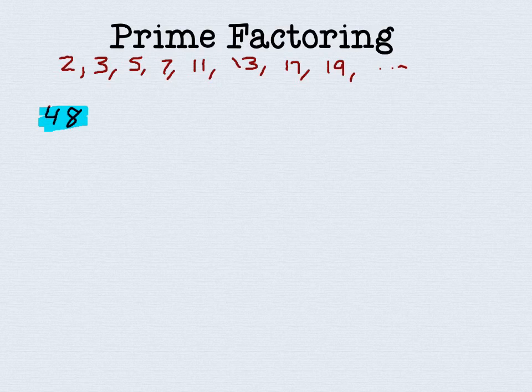For example, let's just say I broke down 48 by looking at it as 6 and 8. Well, 6 and 8 is not fully broken down because they can break down further. 6 can break down to 2 and 3, and 8 can break down again. Say you broke it down to 2 and 4. We're still not quite done because 4 can break down again.